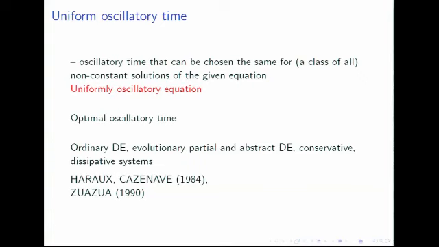Oscillatory time that can be chosen the same for all non-constant solutions, or at least for a class of all solutions of the given equation, is called the uniform oscillatory time, and the equation is then called the uniformly oscillatory equation.